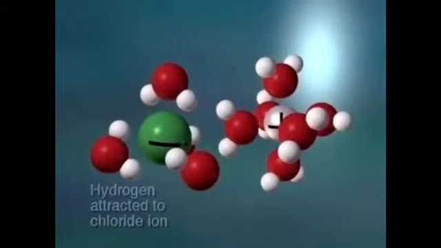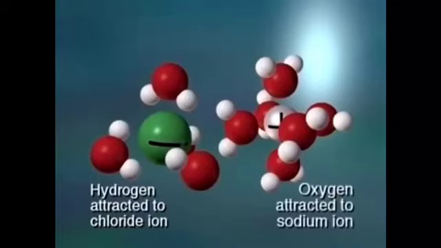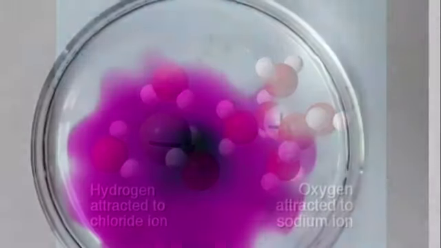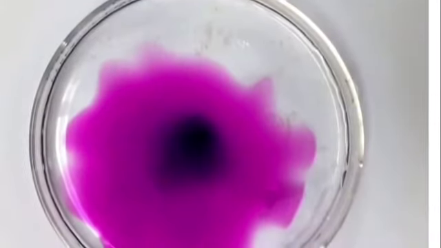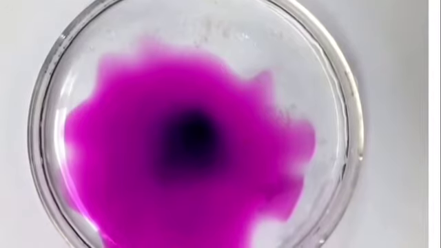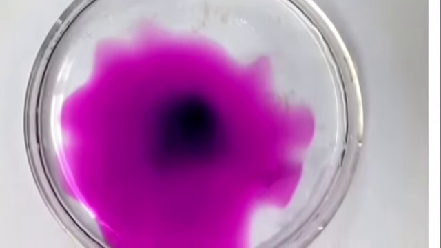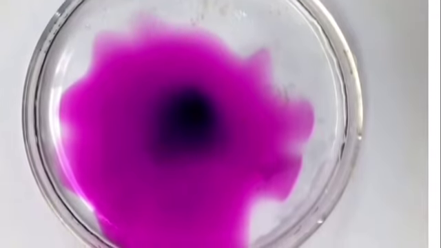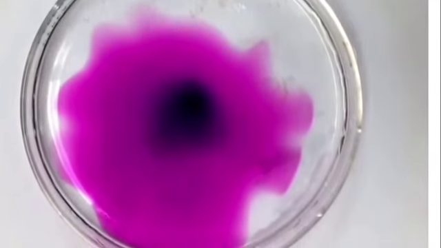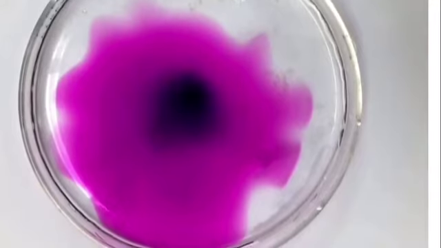The aqueous ions are in constant motion, so this also helps explain diffusion, because aqueous sodium ions and aqueous chloride ions move from a region of high concentration to a region of low concentration until they are spread throughout the solution. We can see this at the macroscopic scale in our potassium permanganate example.